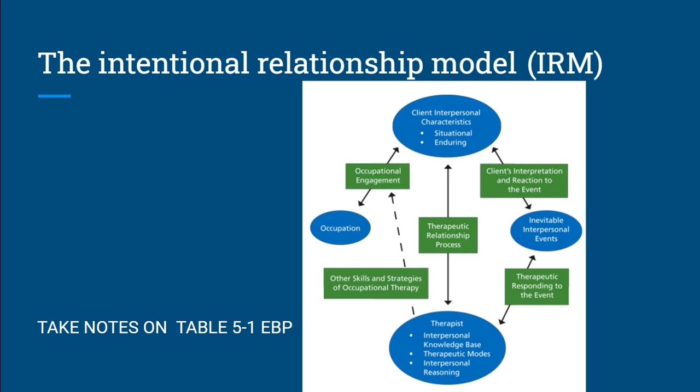What some of those interpersonal events are and how you respond to them can impact the therapeutic relationship process. So this is a visual that when we're done with this chapter, you should be able to look back at and understand a little bit better.